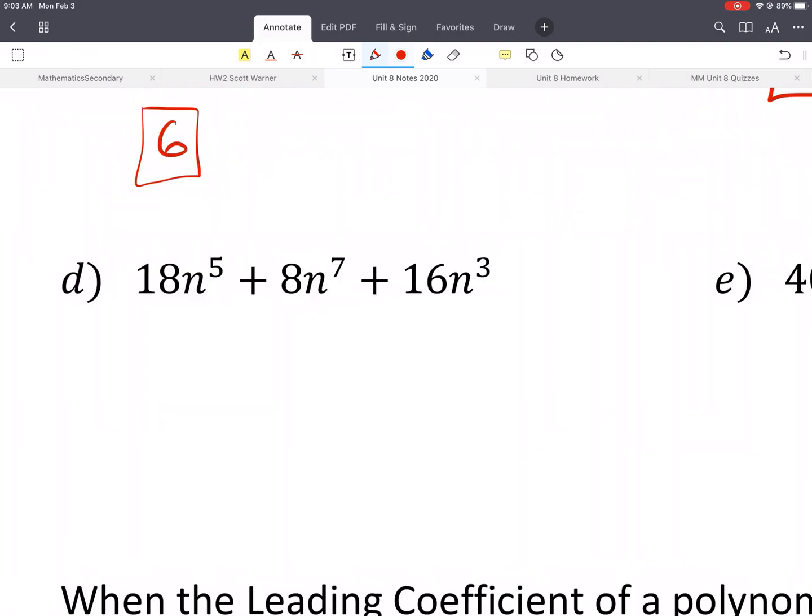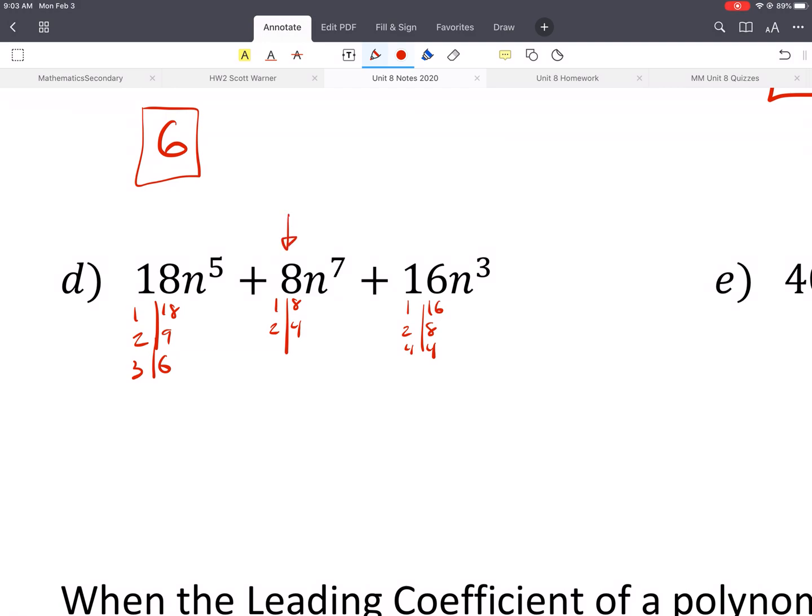Here's some others. 18, we could do 1 and 18, 2 and 9, and 3 and 6. For 8, we could do 1 and 8, 2 and 4. And for 16, you got 1 and 16, 2 and 8, and 4 and 4. So I would probably look at the smallest number of factors.